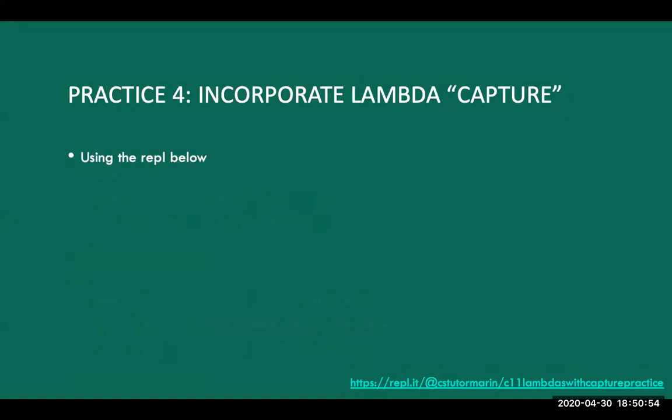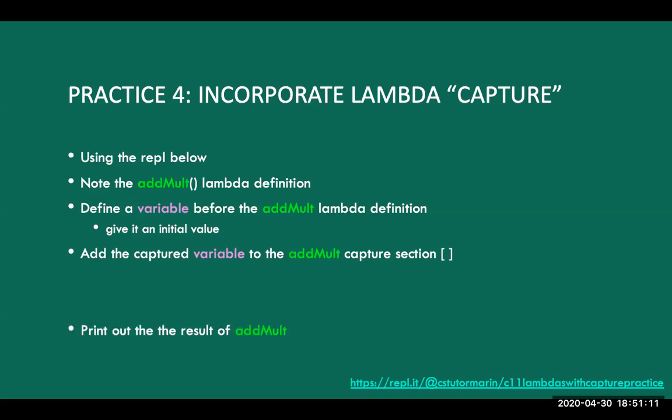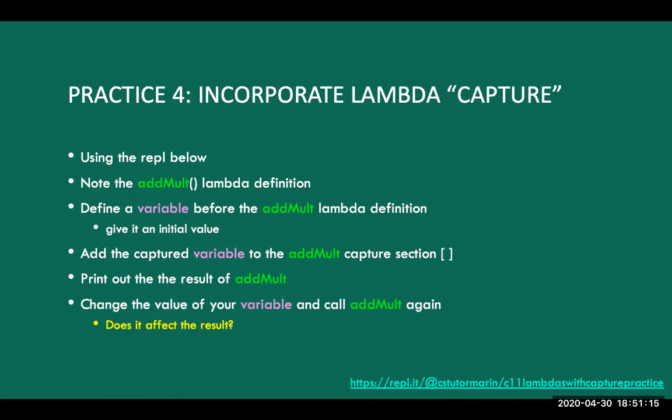Okay, so we're going to have you incorporate a capture. We're going to do the add mult lambda function. We're going to define a variable before we create the lambda function, give it some value, and add that variable to the capture of our add mult lambda function. Then we're going to print out the result of calling add mult. You'll see the implementation of add mult.